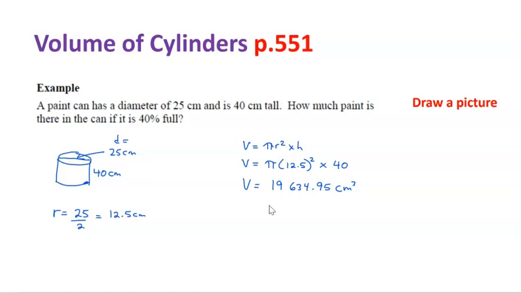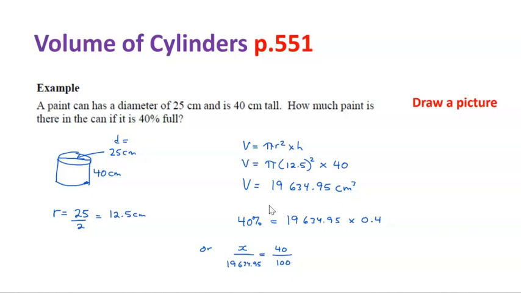At this point, we can determine 40%. There's some options. If we want to do 40%, we can take that value, 19,634.95, and multiply it by 0.4, which is 40%. Or if you'd prefer, you can set up a percent proportion. So we can say that 40% out of 100 is equal to X over 19,634.95.